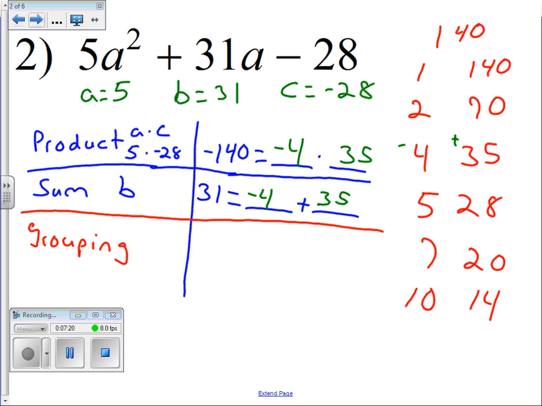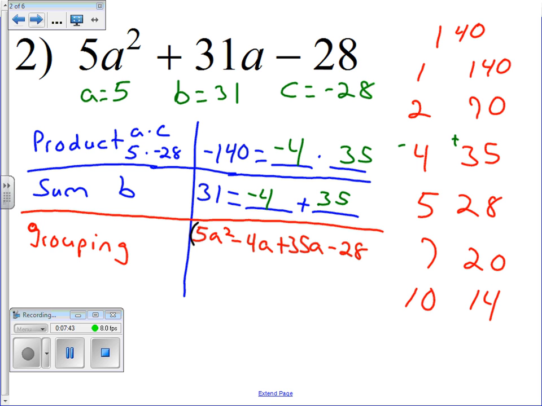So if I do the grouping for this, I'm going to write it as 5a squared minus 4a plus 35a minus 28.